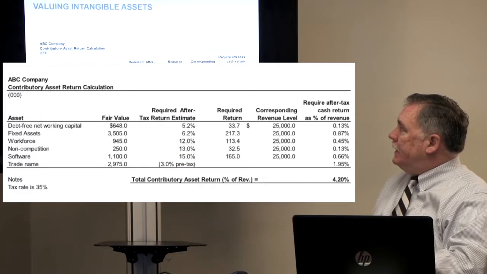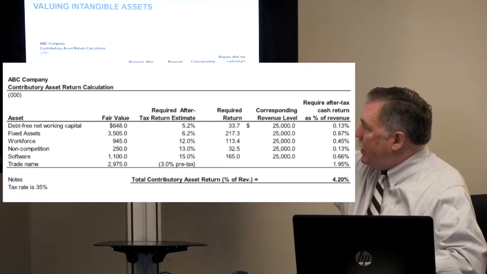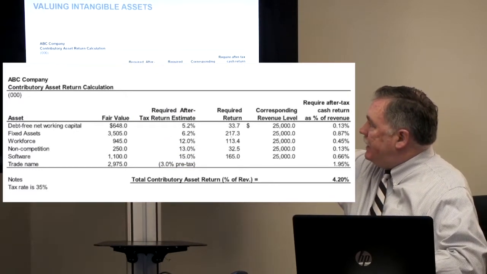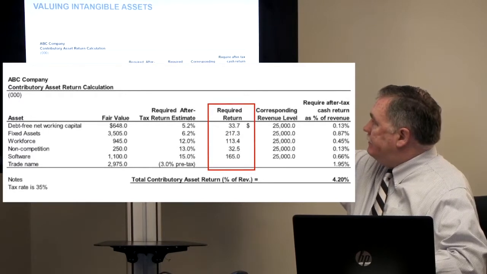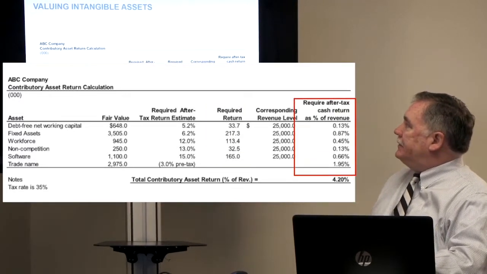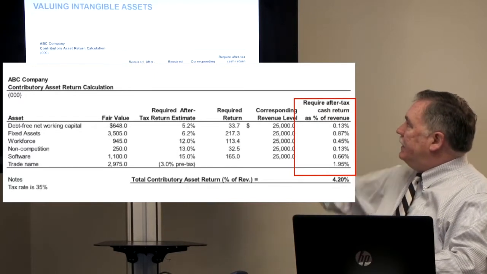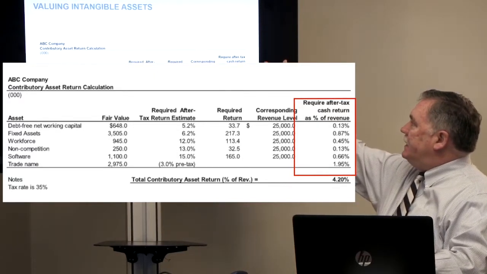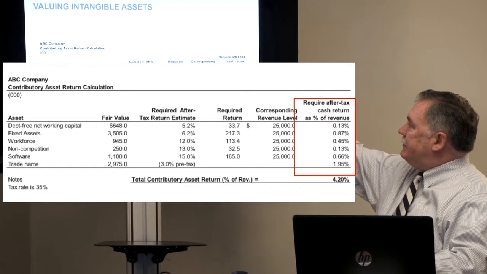Okay. So we take the rate of return multiplied by the fair value, which gives us the required return. And the required return relative to the corresponding revenue level is the required after-tax cash return as a percentage of revenue.